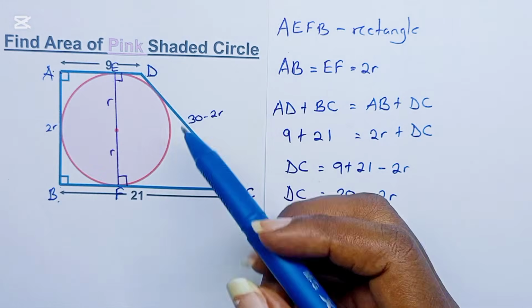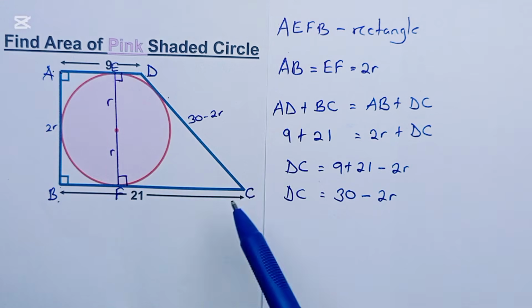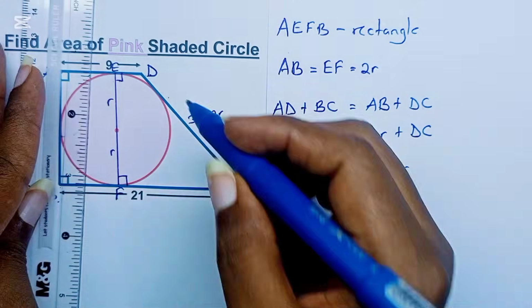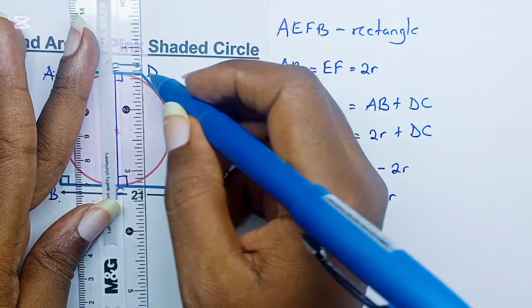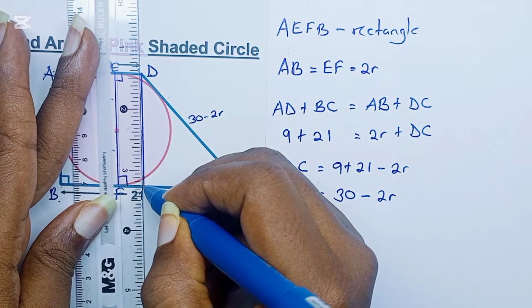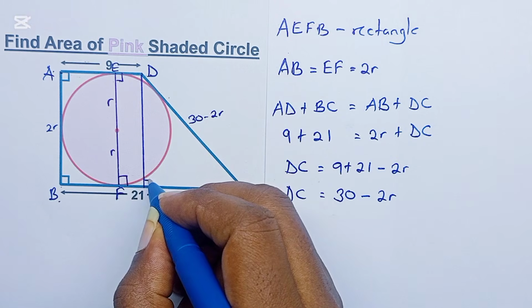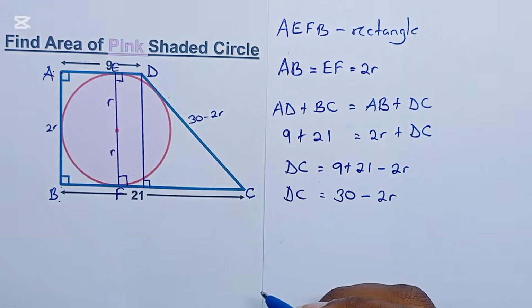Next, let us draw a perpendicular line from point D to line BC. Since it's perpendicular, this is 90 degrees.